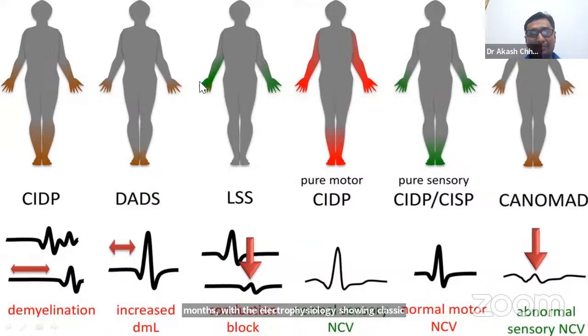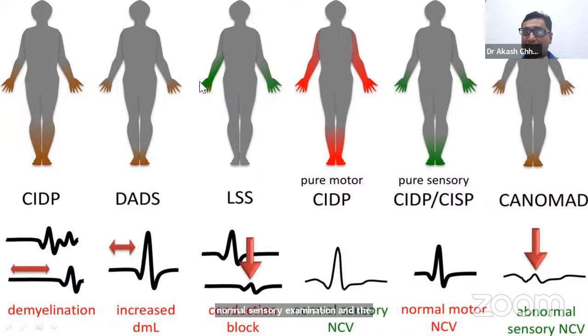DADS is the distal variant, which will have predominant sensory involvement. And this Lewis-Sumner is MADSAM. It will have multifocal, asymmetric, demyelinating sensorimotor polyradicular neuropathy, which starts with upper limb involvement. Then pure motor CIDP, which will have a normal sensory examination and electrophysiology.